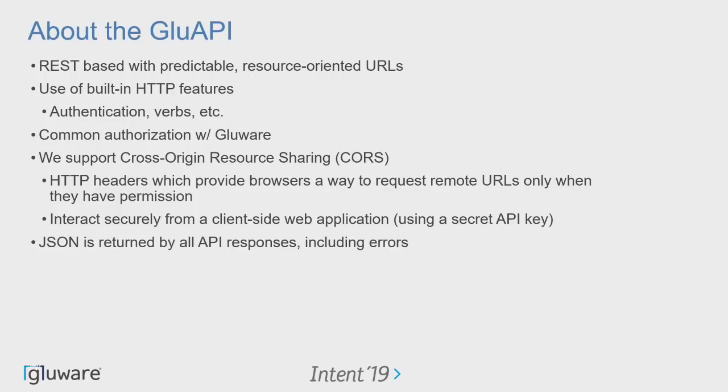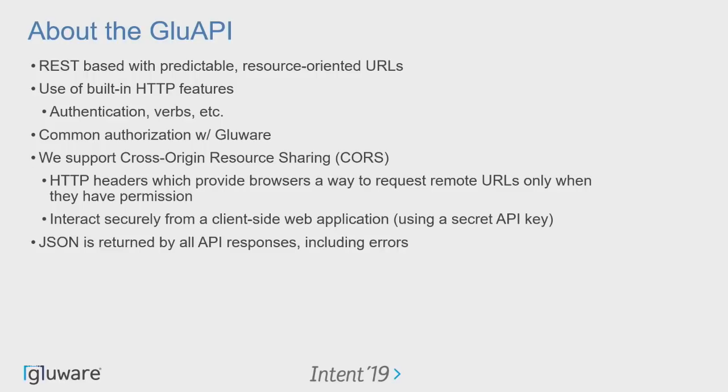As I said, the API itself is very traditional. It's a standard REST endpoint. We use standard HTTP features and capabilities. The user authentication is done in the same form as it is with Gluware. Therefore, if you have read-only operators, or you have full system developers that have full read-write access, the API will behave for them as you would expect or anticipate.